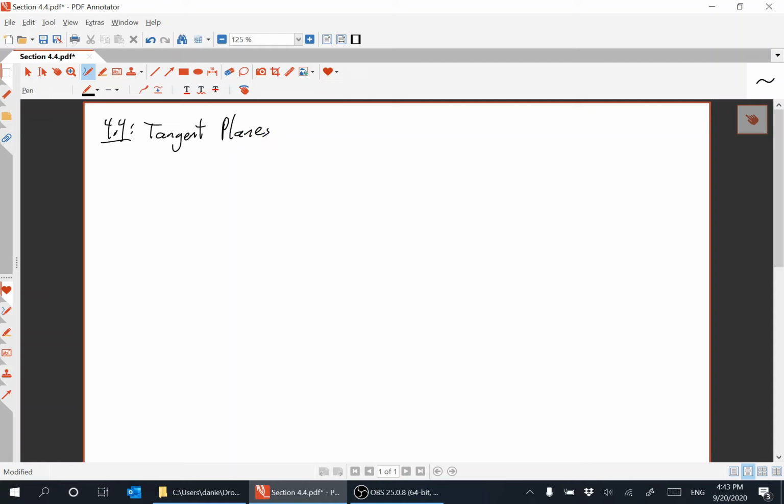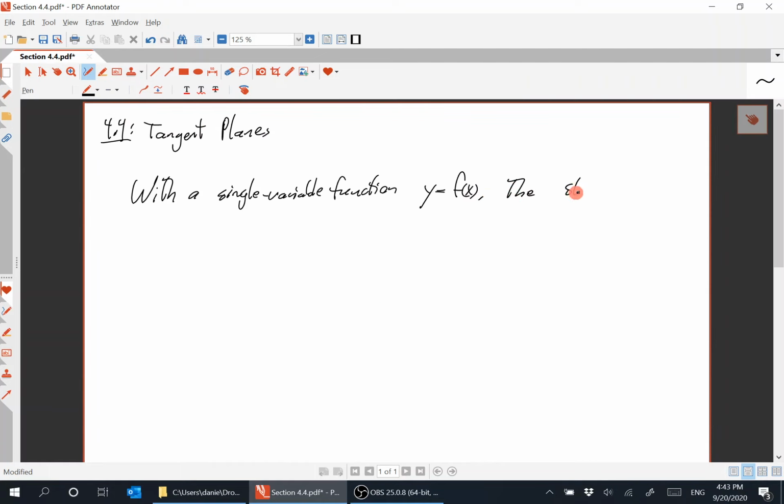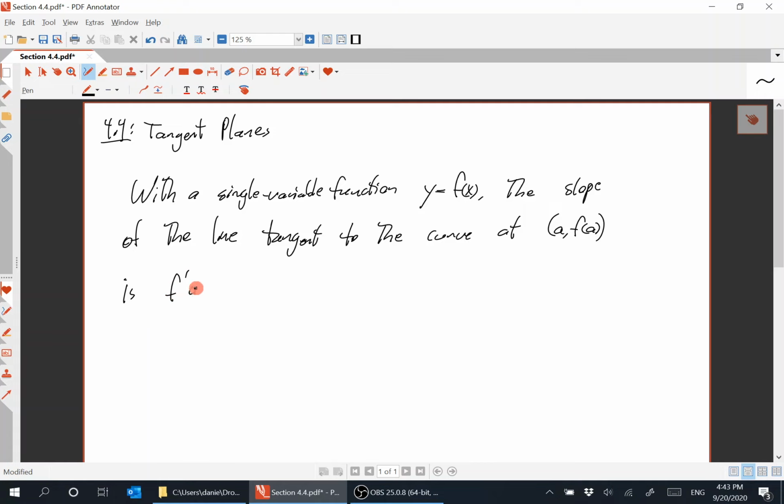So with a single variable function, y equals f of x, the slope of the line tangent to the curve at the point x equal to a, y equal to f of a, is the derivative, f prime at a, right?